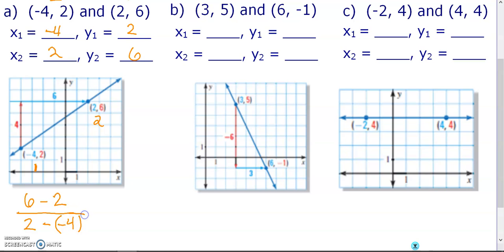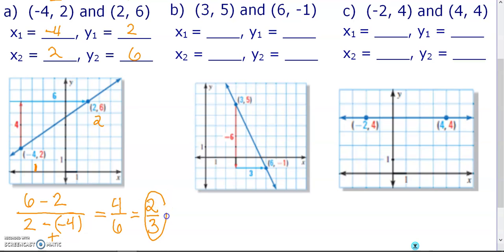We need to keep the order consistent for the change in x's and the change in y's. When we go ahead and work on this, 6 minus 2 is 4, and 2 minus a -4 is really 2 plus 4. That gives me 6. Now this is the slope, however, I should always simplify it. 2 goes into both of these values, so it changes to 2/3.